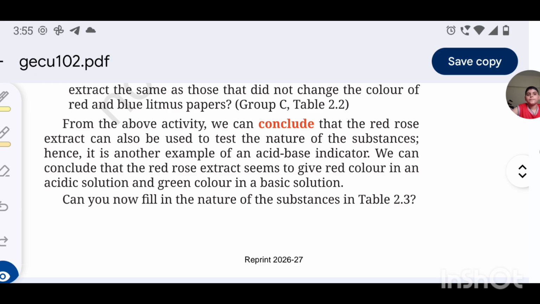The red rose extract seems to give red color in an acidic solution and green color in basic solution. So remember these colors: green color in basic and red color in acidic solution. Okay, can you now fill the nature of the substances in table 2.3?